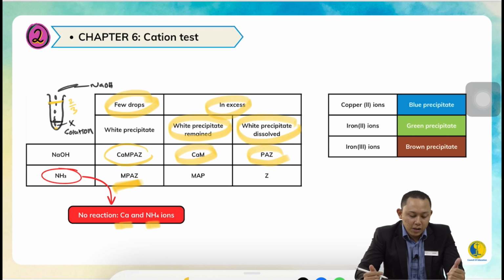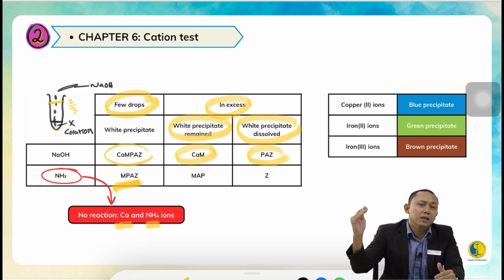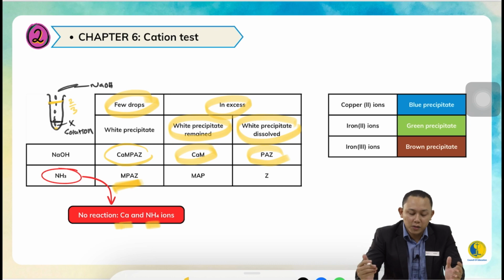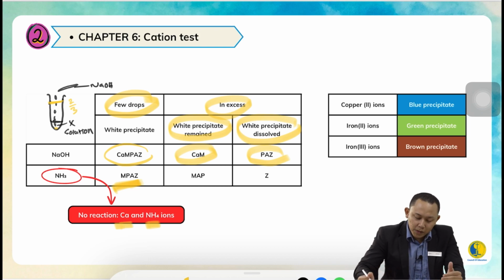When you see a white precipitate, we are going to add our ammonia solution in excess. In excess means you top up until 2/3 of the test tube, and you can see two possibilities: either there will be a remaining white precipitate, or your white precipitate is gone, dissolved. If the white precipitate remains when you add in excess, there is a possibility of magnesium, aluminium, and also potassium in that unknown salt.